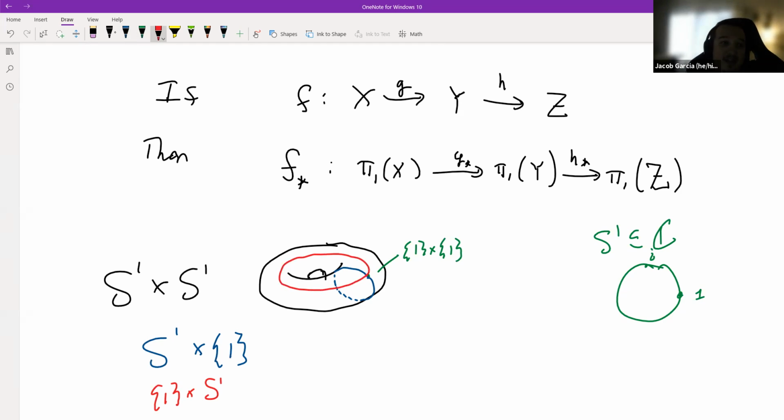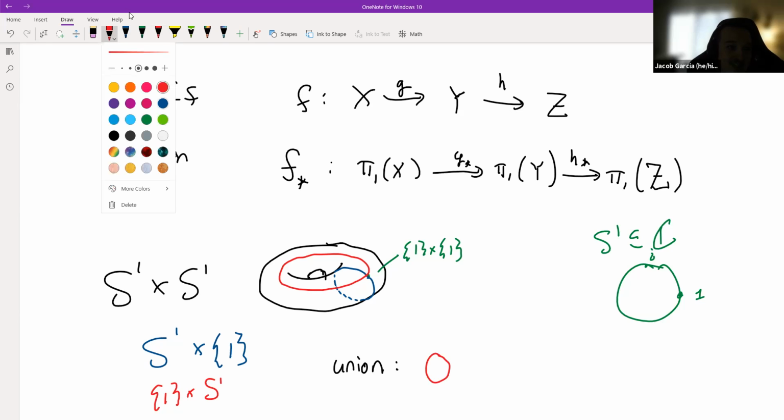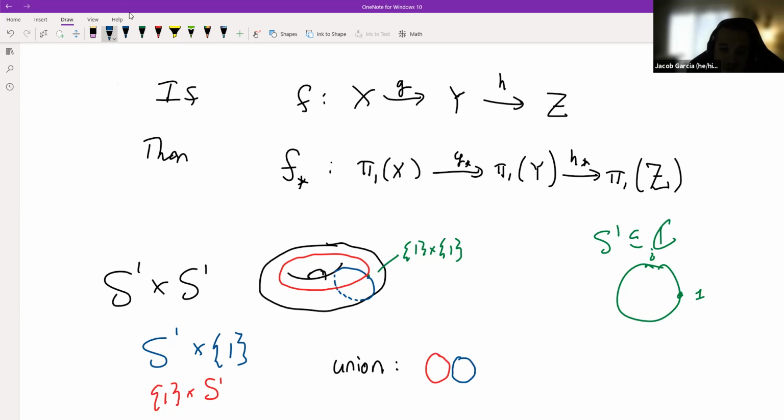So the union of these two is going to look like the red circle wedged with the blue circle, because that's exactly what I ended up drawing. Wedge point. And then as Raoul said, this fundamental group is exactly the free group on 2 generators.